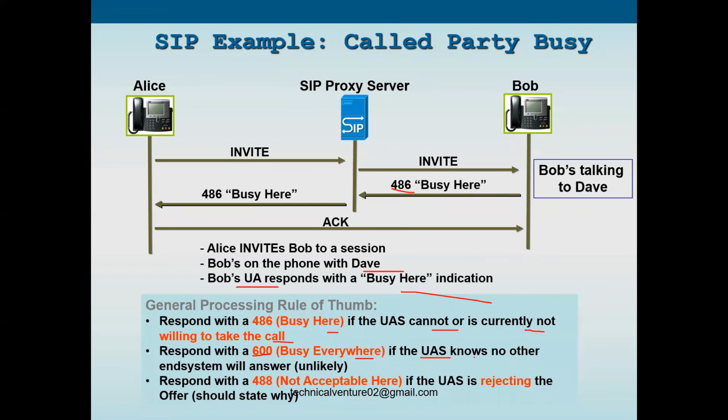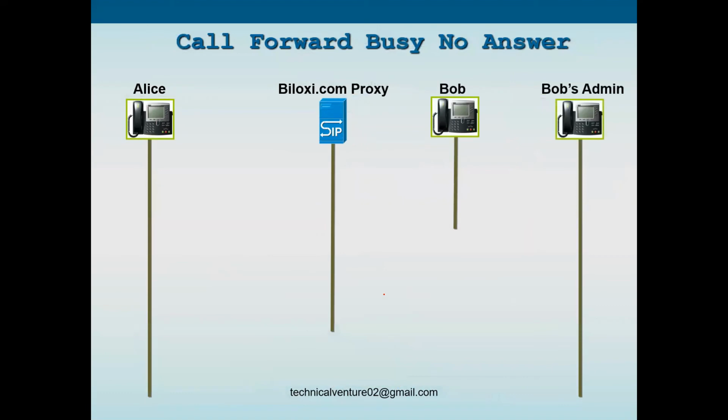If the UAS knows no other end system will answer, it will send busy everywhere. Then there is a response with 488 Not Acceptable if the UAS is rejecting the offer, and it will show why it is rejecting the offer.